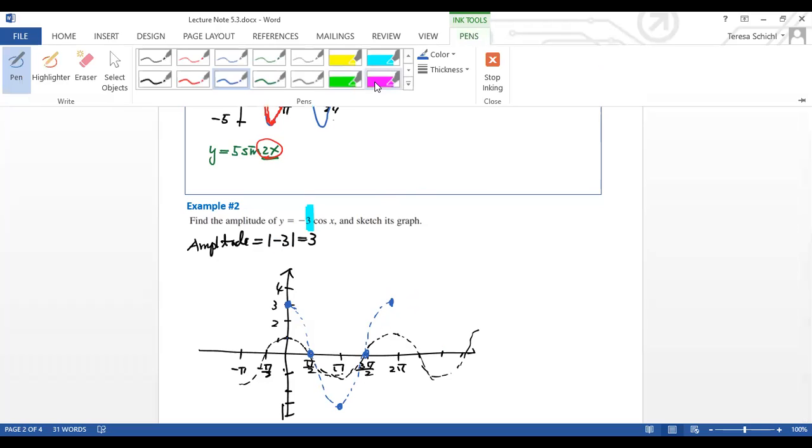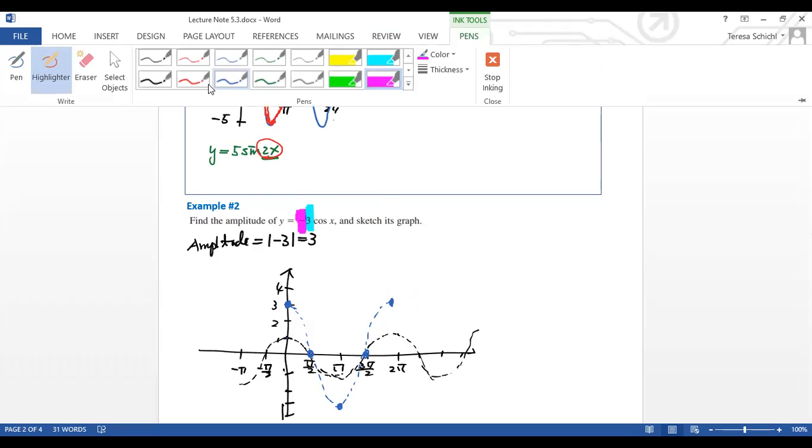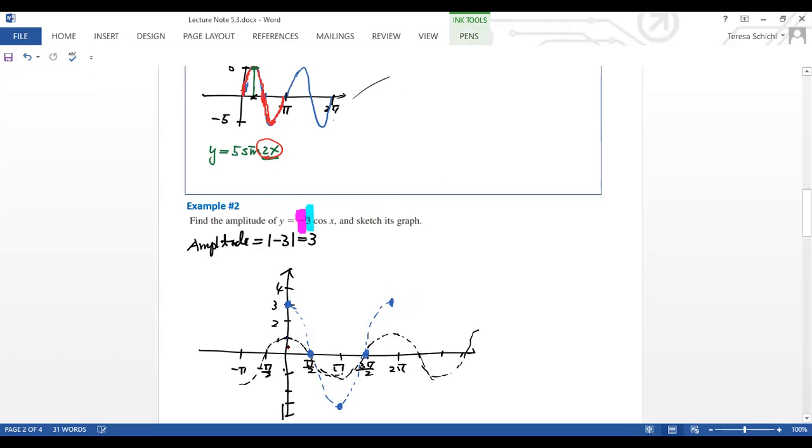Now the next one is a negative. Do we remember what negative means? It means reflecting over the x-axis. So this 3, I reflect to -3. At pi over 2, 0 is still 0. This -3 I reflect to +3. Here it's still 0, and here it's still -3.